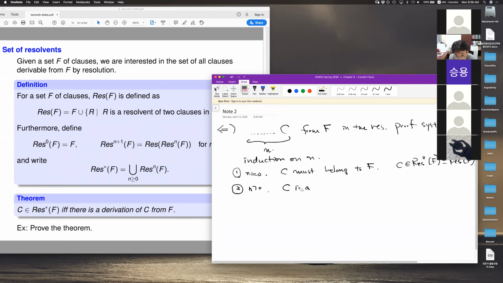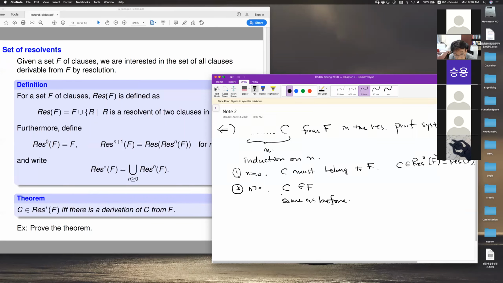Maybe a better way to say this is, because C should be one of the steps in the derivation, it should be either an assumption or obtained by applying the resolution proof rule. So the first case is if C is in F, then we are done, the same as before.